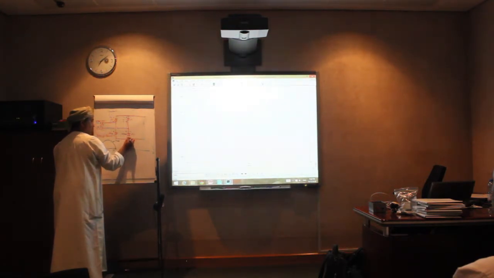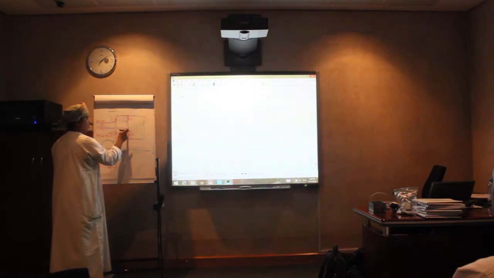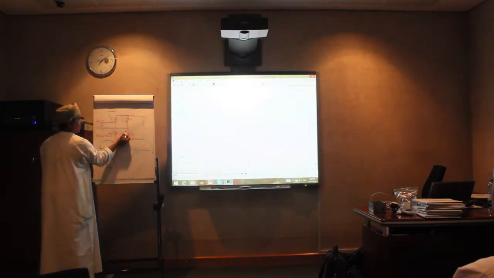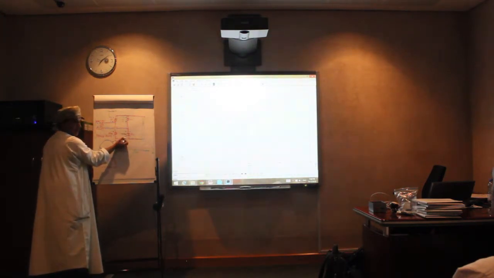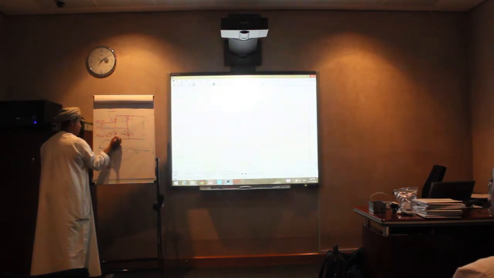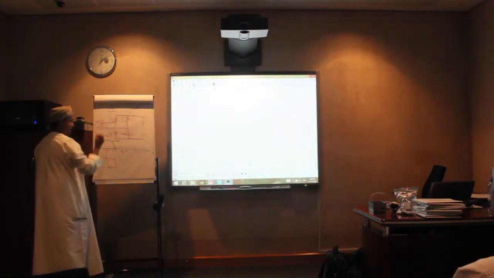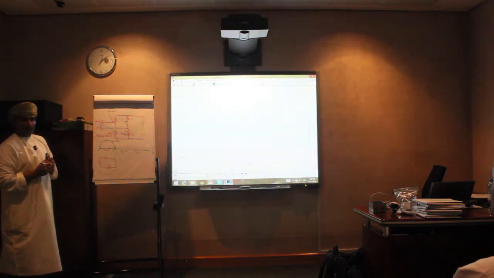Okay. When it reaches here, this one will not conduct because this potential is higher than that one. It's in reverse bias, so the current will go to this diode, which is D4, and go through this wire and come back to the source as a loop. So this is the second loop.